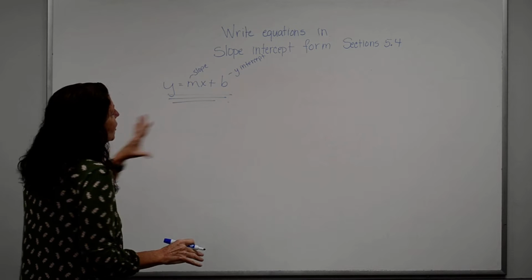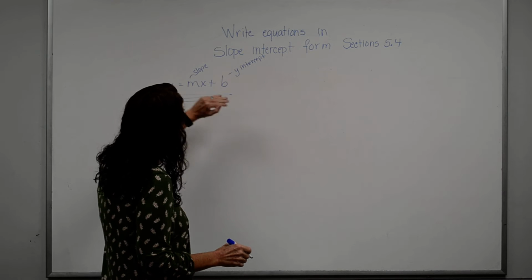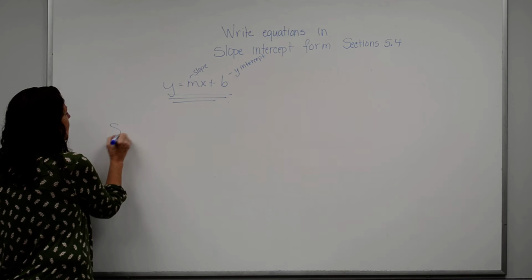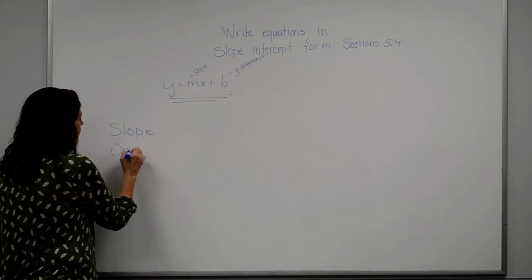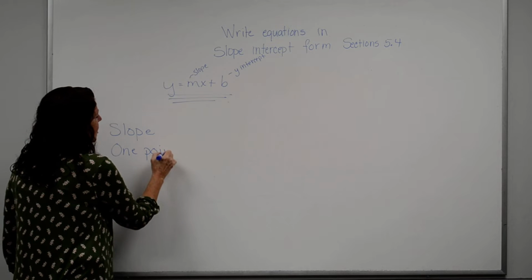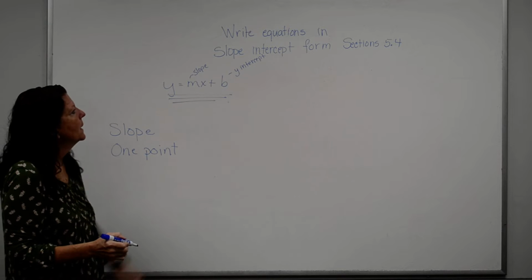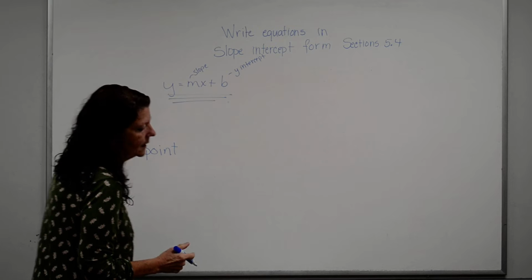So the very first situation that we have is we're going to write the equation in this form when they give me the slope and they give me 1 point. The instructions will say write the equation in slope-intercept form given this slope and this point that it goes through.